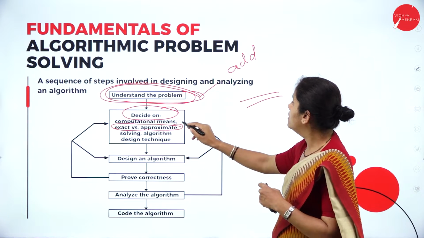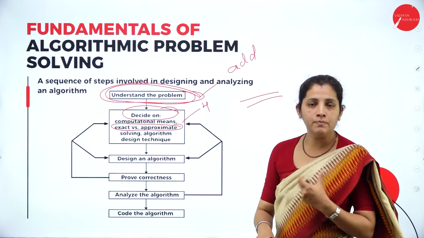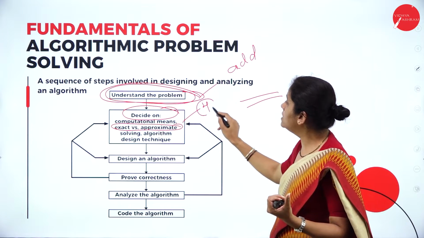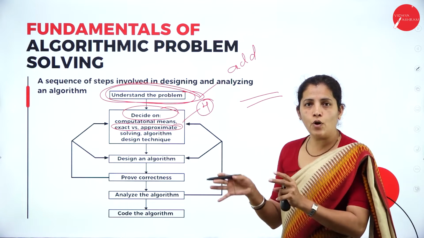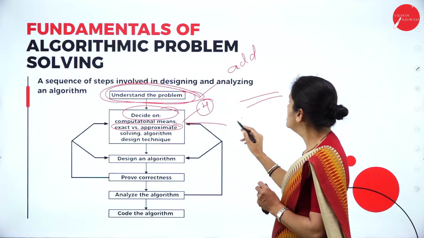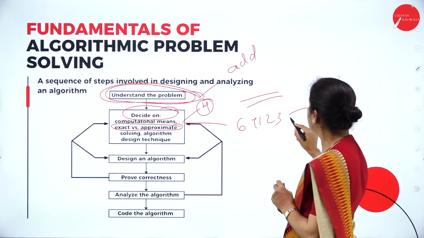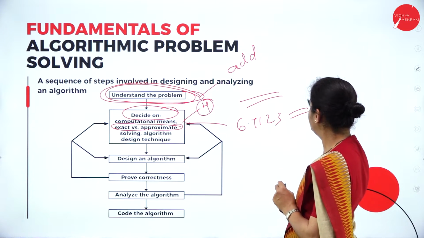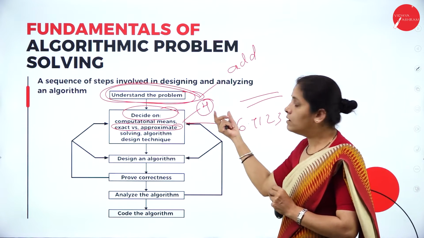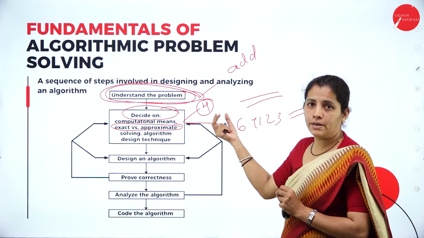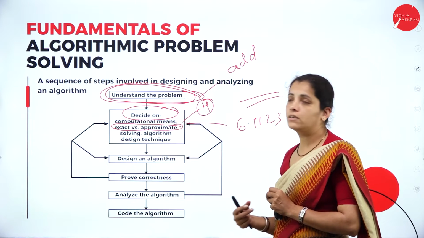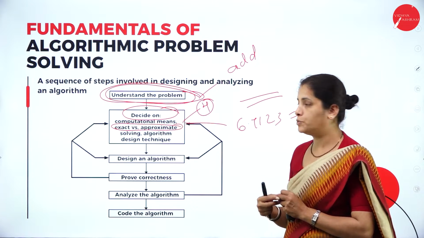For example, if you have the sum 4, it is exact. The answer is 4. For example, if you have 6.71234, it is approximate to 7. So based on the problem statement, I can have an exact or approximate output.